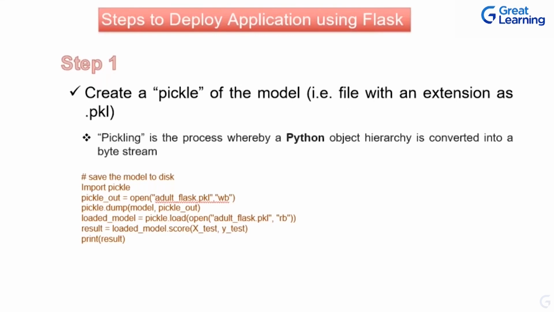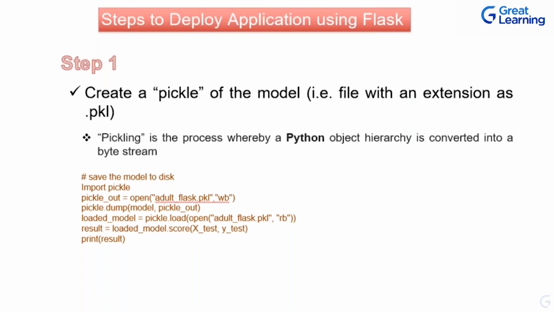The first step is you have to create a pickle of the model. What is a pickle? Now, if you remember, a couple of slides back, I showed you that for a model to be deployed, we create an executable jar file, and that jar file we deploy in an environment. Okay? Similar to that executable jar file, what I am creating here is a pickle.